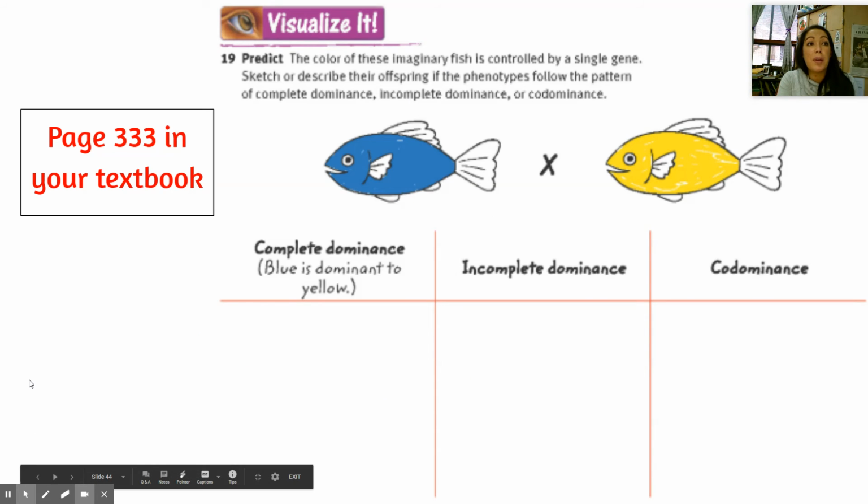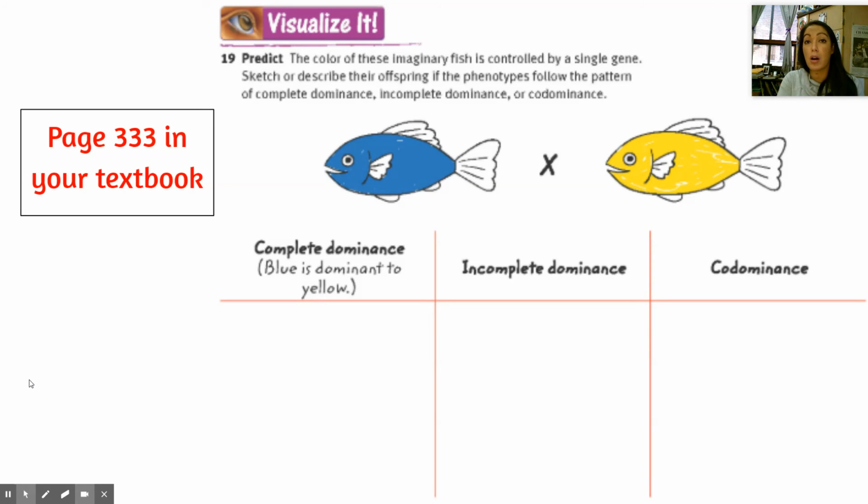This is from page 333 in your textbook, and this just wants us to draw exactly what we just did on that last slide with that flower. But if I were to have a blue fish and a yellow fish, and they were to exchange genes to pass on to offspring, what would their offspring look like in each one of these situations?